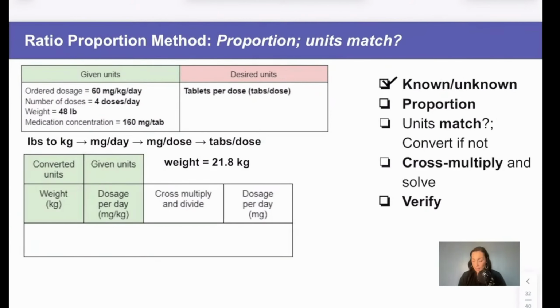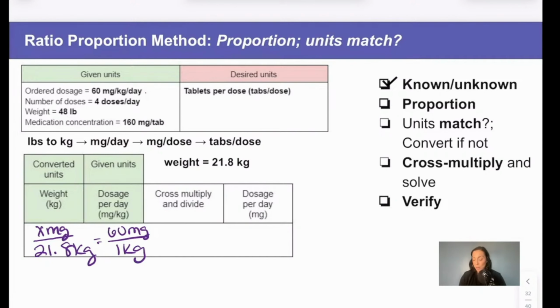We're going to take x milligrams, because that's what we're trying to figure out: how many milligrams we would be giving a 21.8 kilogram child. And we know that the relationship we have is 60 milligrams per 1 kilogram. We verify that everything matches, with milligrams on the top and kilograms on the bottom.